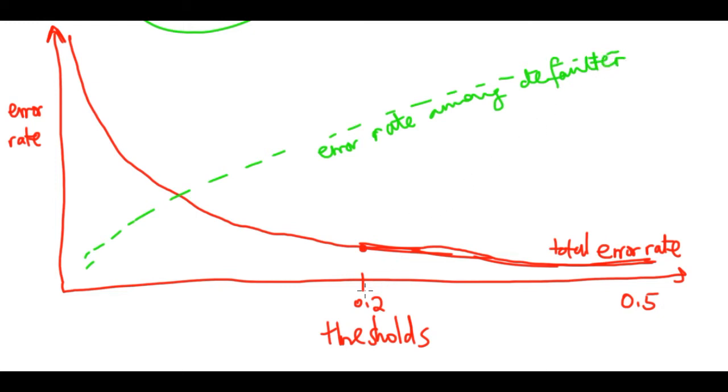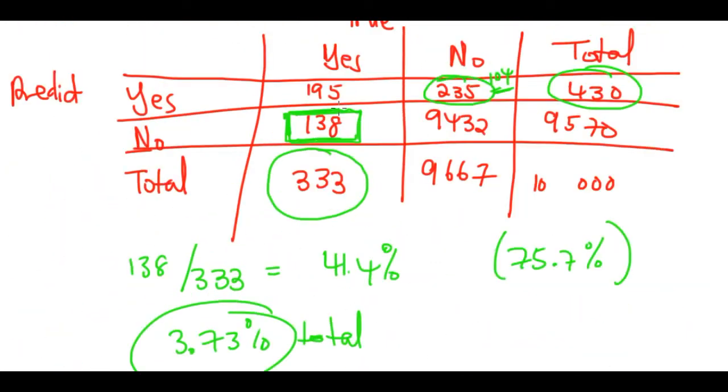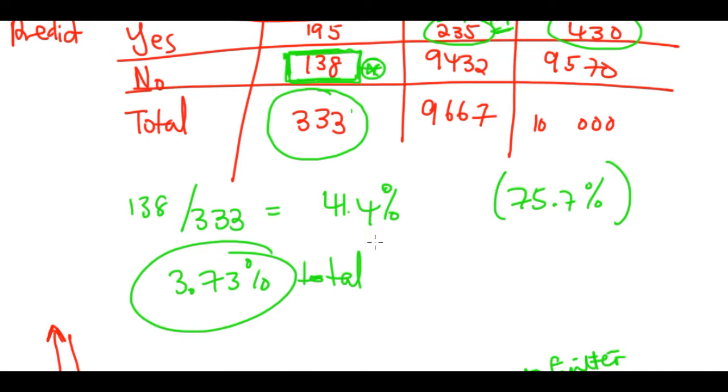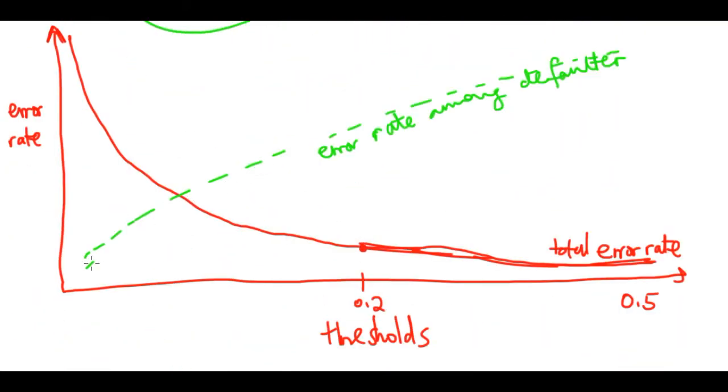As we decrease the threshold, the error rate among defaulters is going to decrease towards this side. As we decrease our threshold, we are becoming more and more conservative. We're saying if you have 0.1 probability and above, we are already predicting you as a defaulter. So we are picking up more defaulters, so our error rate decreases, right?